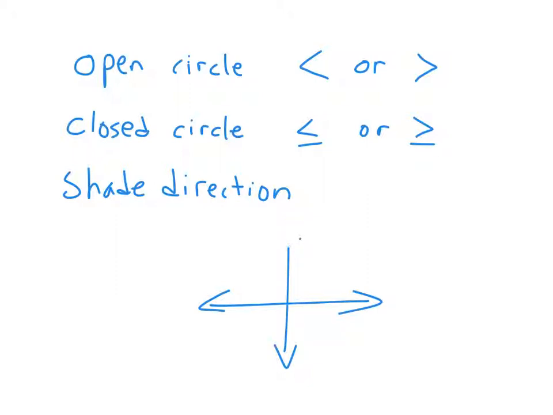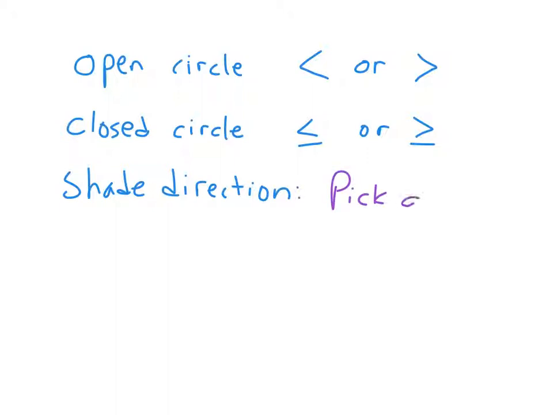So what the book encourages you to do is pick a number on one side of the endpoint and see if that works. So I'm going to write it out like this. Pick a different number, and by different, I mean if you had x is less than or equal to negative 10 like we had, pick a different number than negative 10 in that last example.